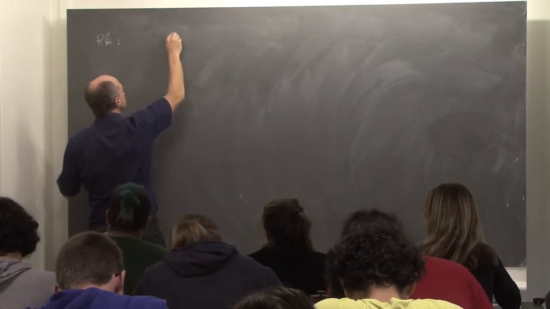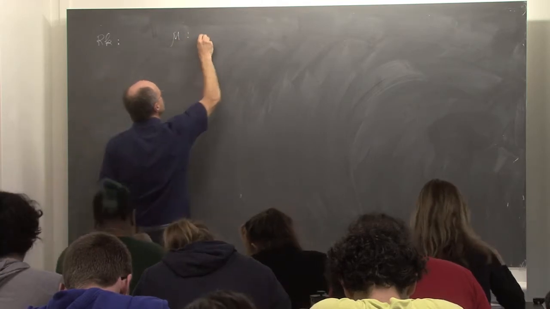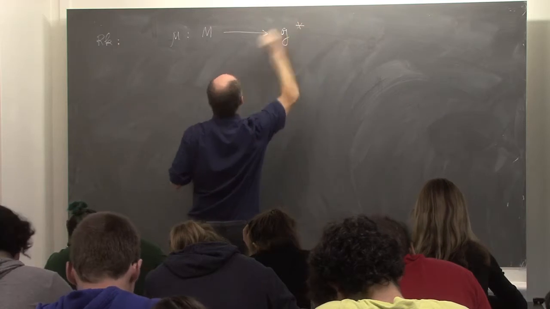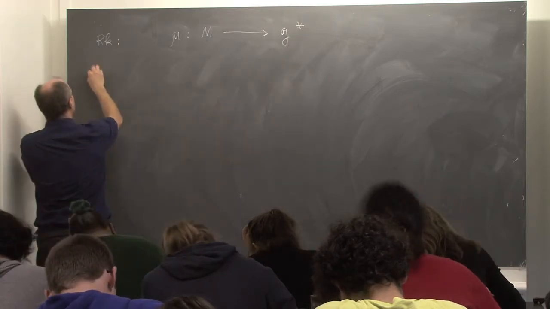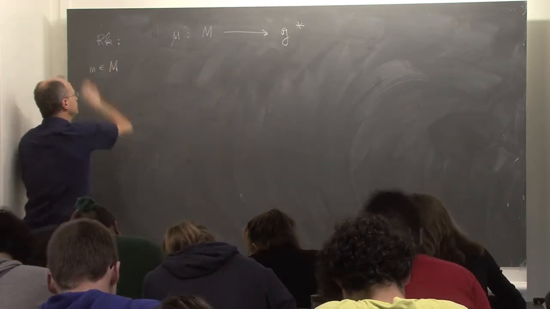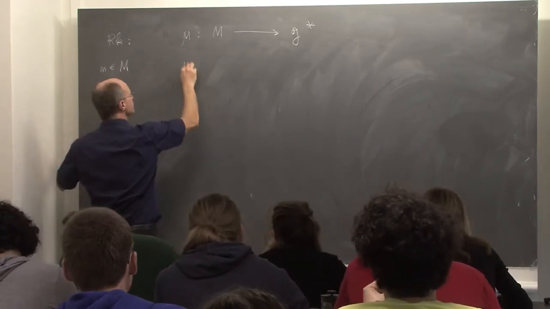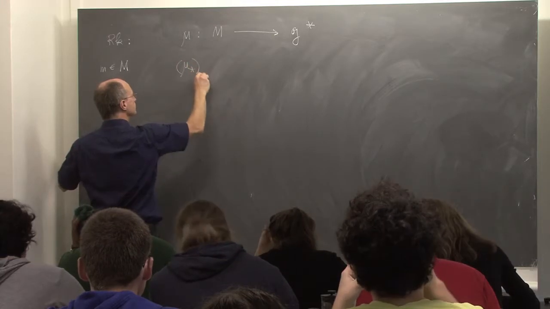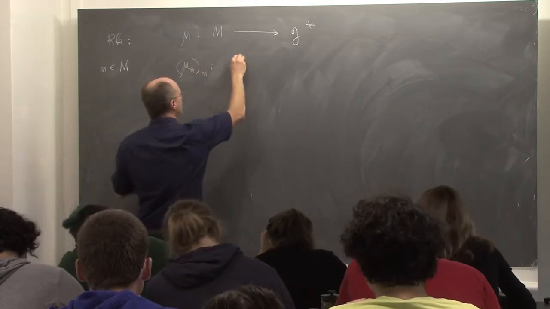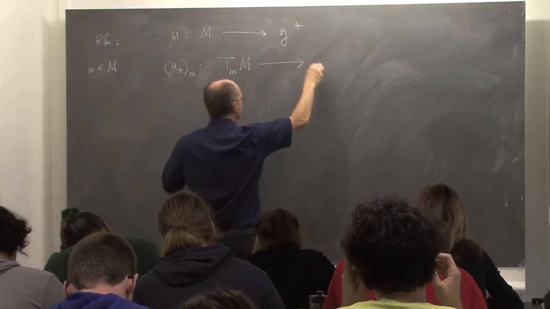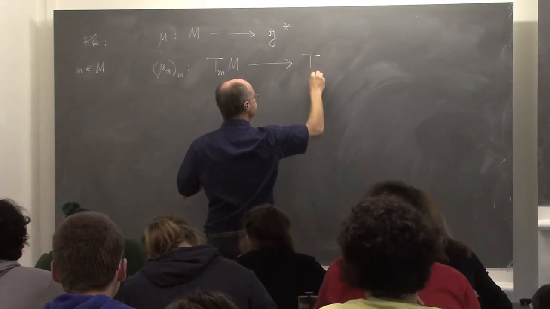So mu is a map from M to G star. And if we fix a point of the manifold, of course, mu induces a linear map between the corresponding tangent spaces.